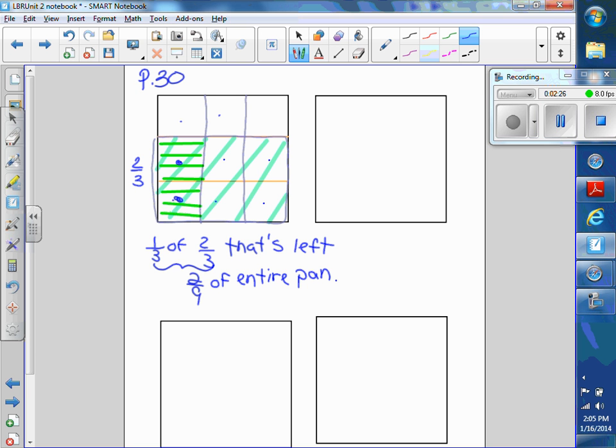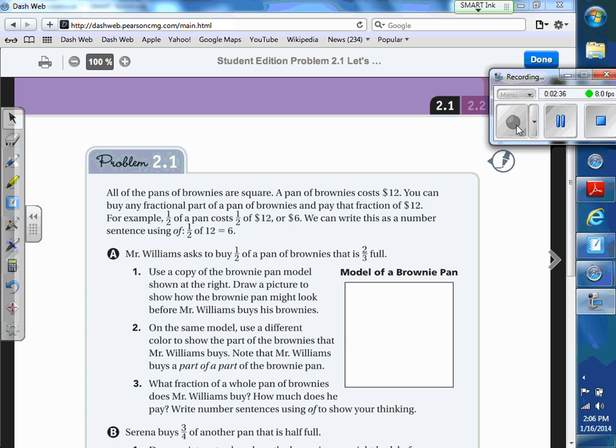Raise your hand if that makes sense. Okay, so looking at the top of page 30, it says all the pans of brownie squares. On this page, all of the pans of brownies are square, so all of your pictures on your worksheet look like this. A pan of brownies costs $12.